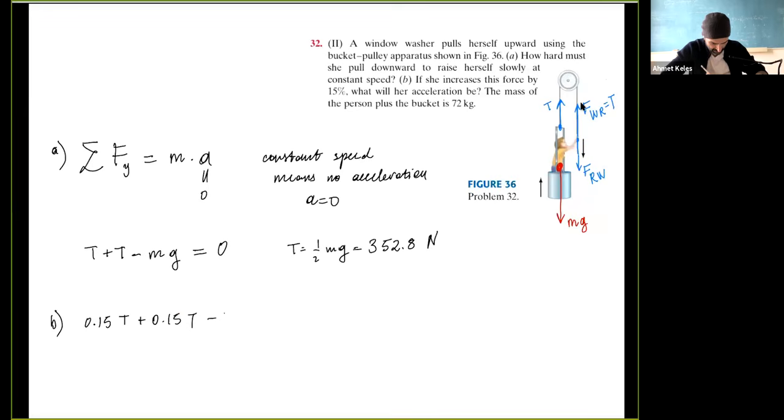And minus mg. Now, we don't know if it's zero, right? This is m times a. And our problem now is what is a? Because we already know T, it is solved here. So this means 0.15 times 2 times T minus mg.